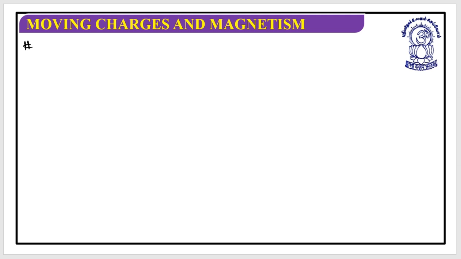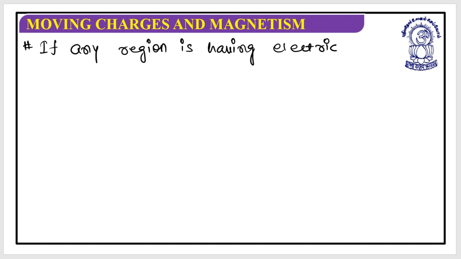So let's discuss certain conceptual points. Let's suppose any region is having electric field and magnetic field, so both the fields are present.